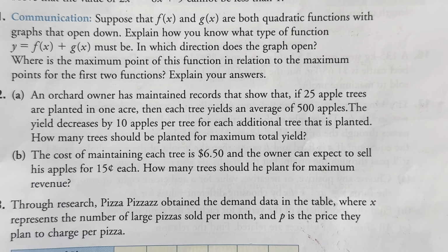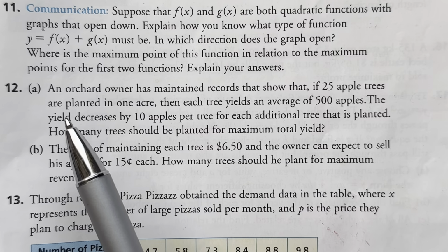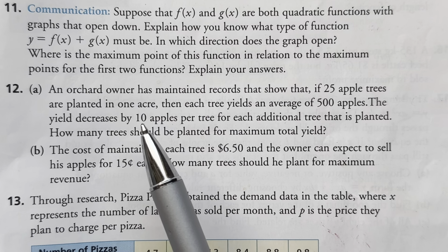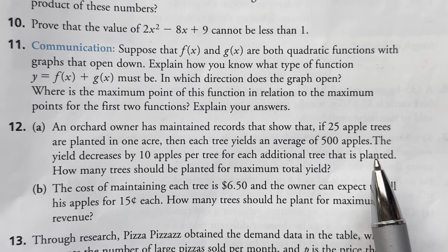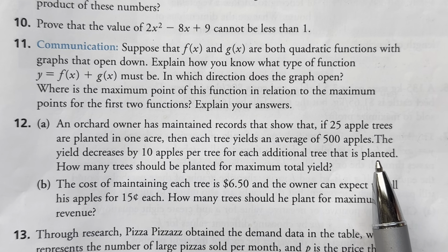The yield decreases by 10 apples per acre. Not per acre, sorry. Decreases by 10 apples per tree for each additional tree that is planted.